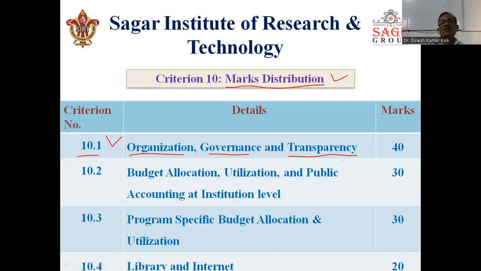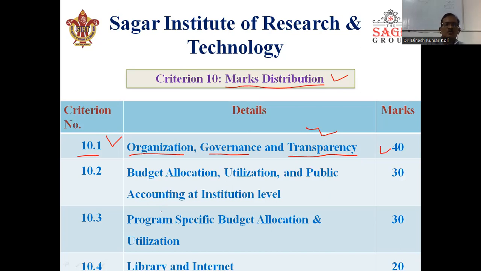How the governance in the institute is established, how it is working, and the transparency, the different information details, how they are transparent to the employees and the others. It covers 40 marks only.